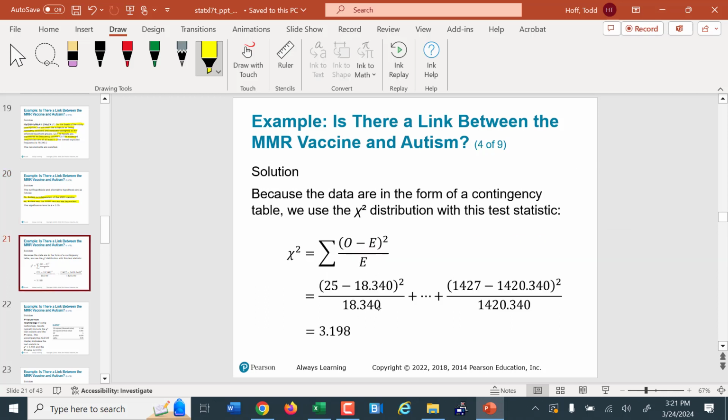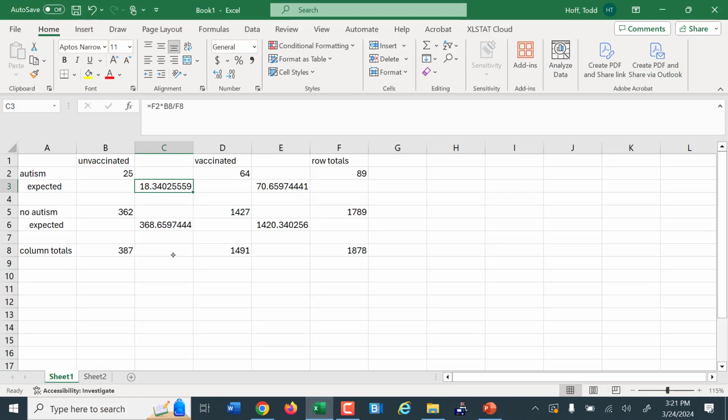So let's calculate our test statistic for each. It's the observed minus the expected, squared, divided by the expected. So I'm going to go back here and do that. This is going to be equal to this minus this, squared, divided by this. And this will actually work for all of these. So I'm going to find totals here.